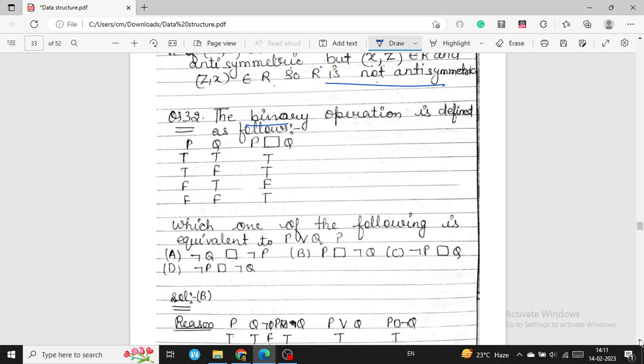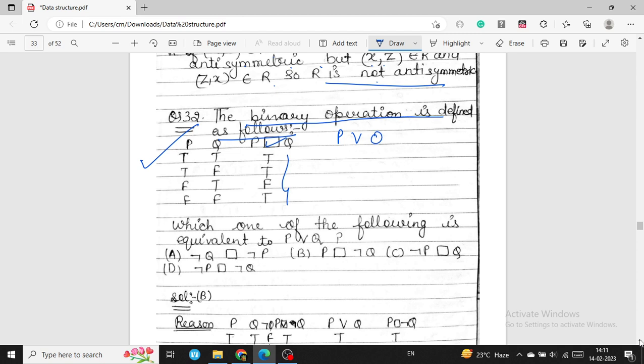Now the binary operation is defined as follows. We have been given this statement, the value of Q or P and the result of P or Q. What will be the symbol taken here? Out of these statements, which one of the following is equivalent to P or Q?